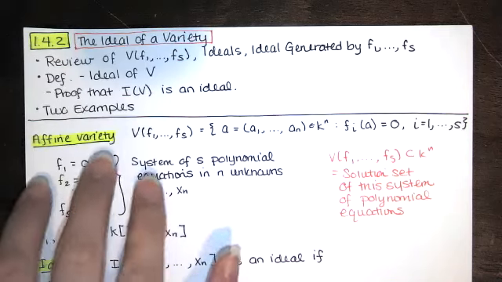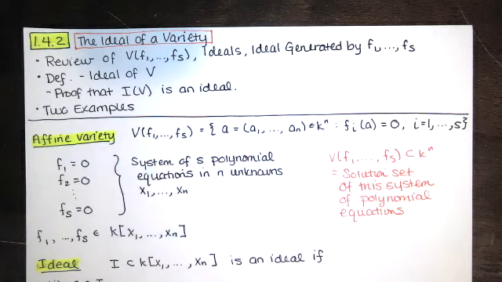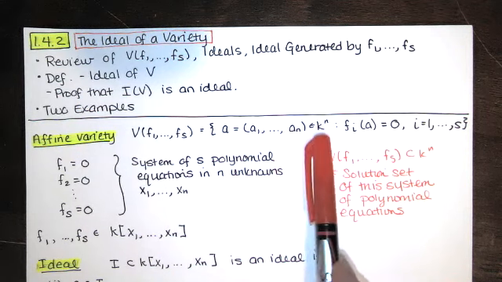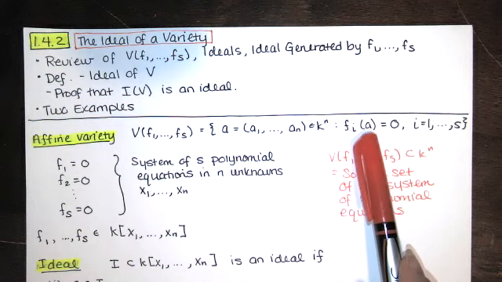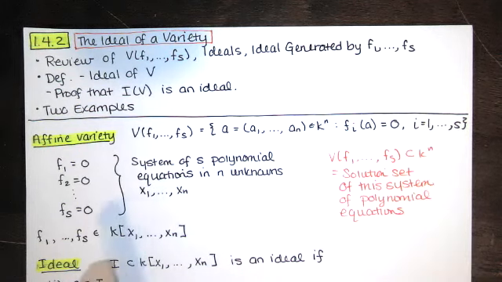So first, let's look at the definition of an affine variety. Affine varieties are typically denoted this way. We have V of f sub 1 through f sub s, and this is the set of points in n-dimensional affine space such that all of those polynomials are zero for i equals 1 through s.